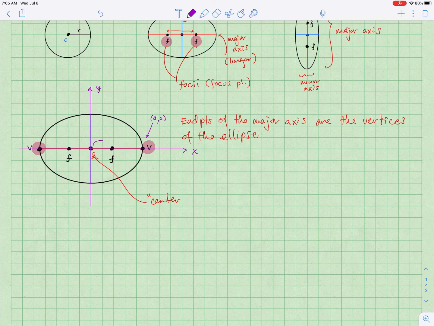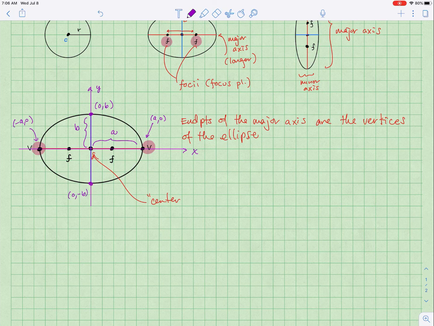So that means this horizontal distance from the center to the vertex is length A. That would make this point here (negative A, 0). We'll call the uppermost point (0, B). That makes the half length of the minor axis a length of B, which then makes this point down here at the bottom (0, negative B).